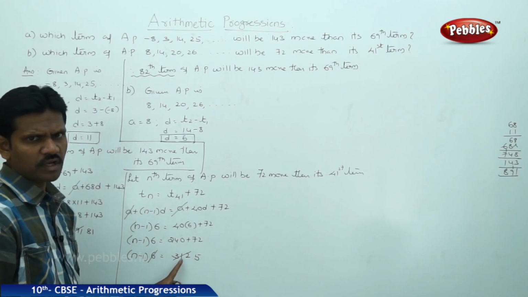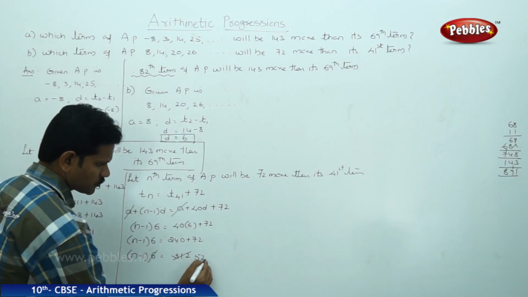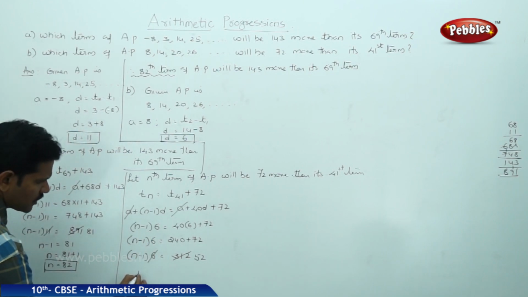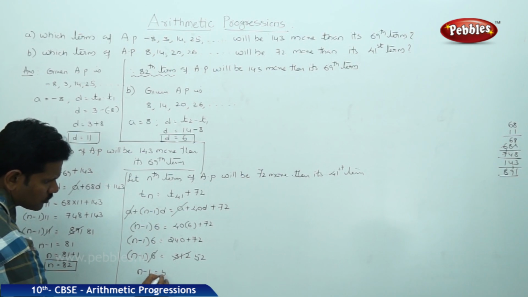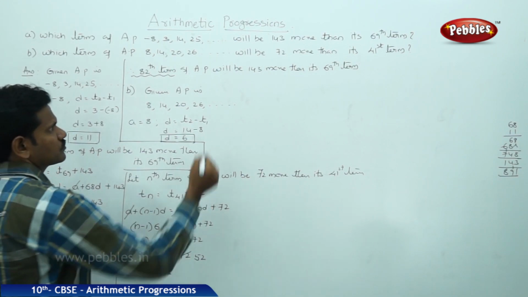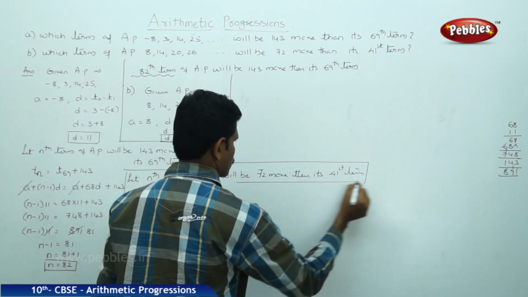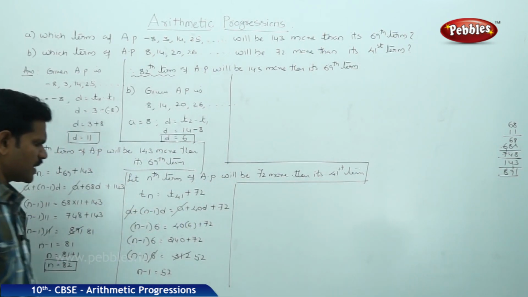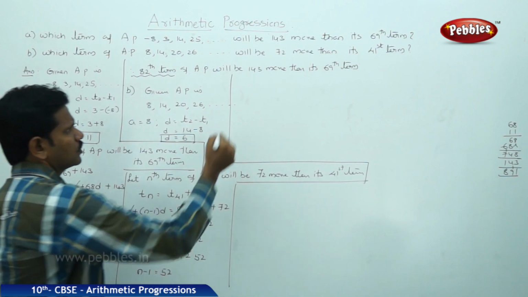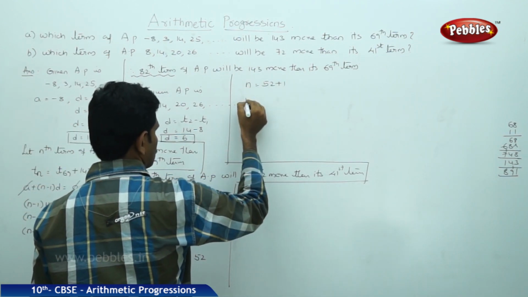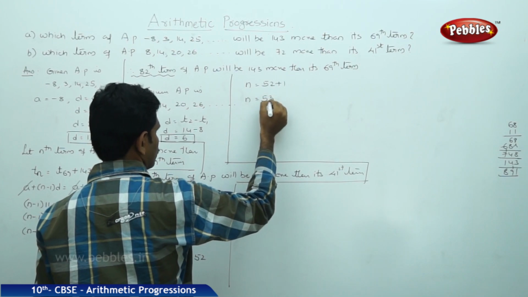Remainder is 1 after 2, that is 52 times. 6 table 12 2 times. That is, n minus 1 is equal to 52. That is, n is equal to 52 plus 1. That is, n is equal to 53.